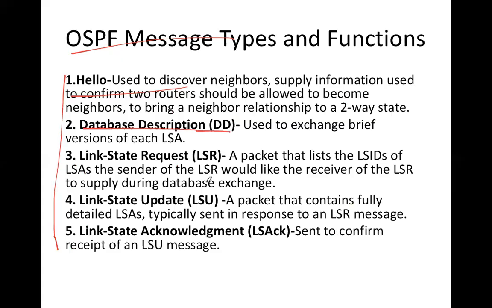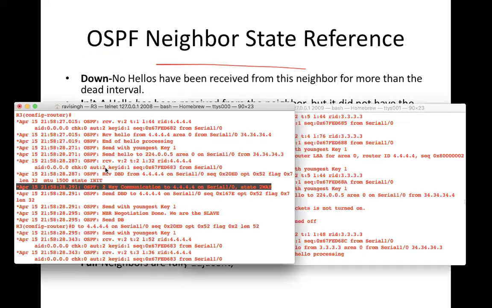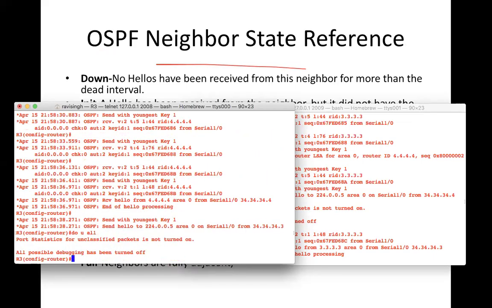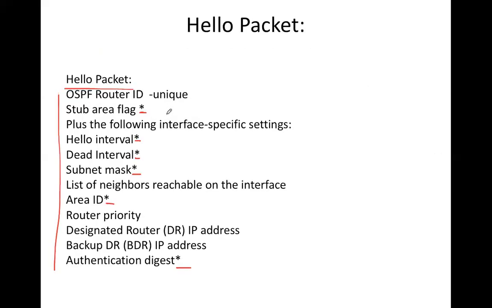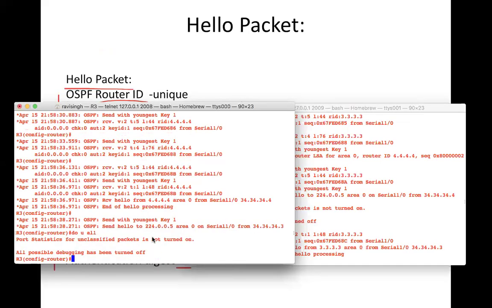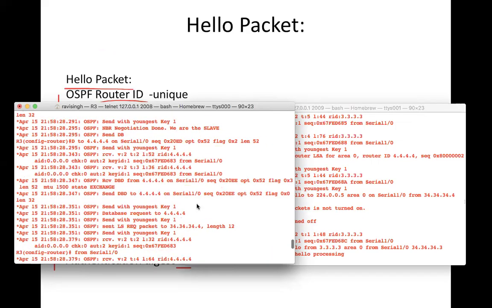I'm talking about this OSPF two-way state. The two-way state means all the parameters that we have discussed are matching. This one is optional, by the way, we are not using it, and the rest everything is matching, all the parameters.